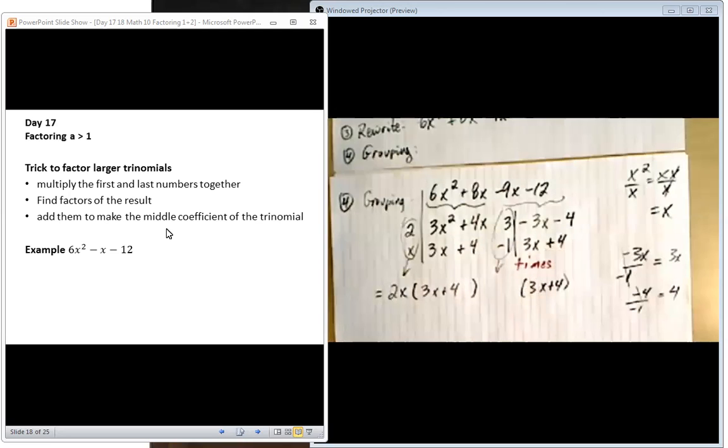Minus 3. True, true. All right. Last step then. What do we got? Another GCF like this.